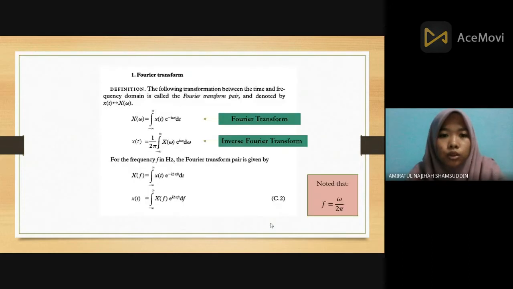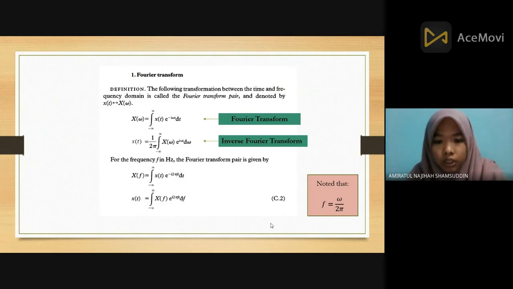Next we need to know about the Fourier transform, X(omega), where omega is the angular frequency, equal to the integration of the wave record x(t) multiplied by e to the power negative i omega t with respect to dt.